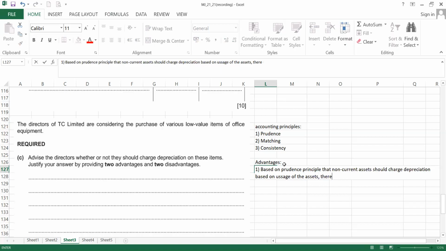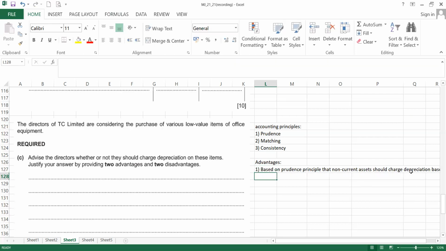So therefore, profit and asset will not be overstated. Okay, this is one of the items that we can see.